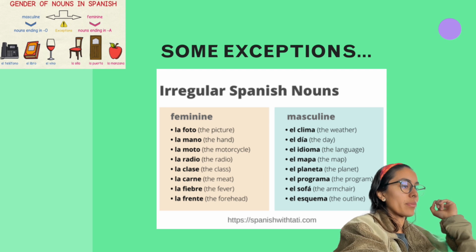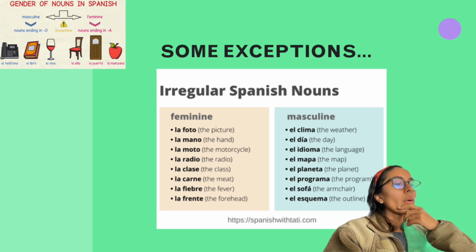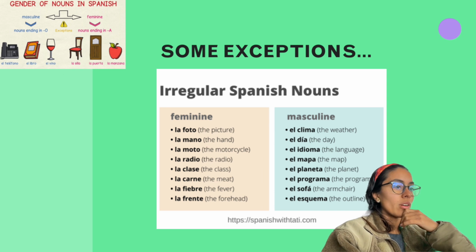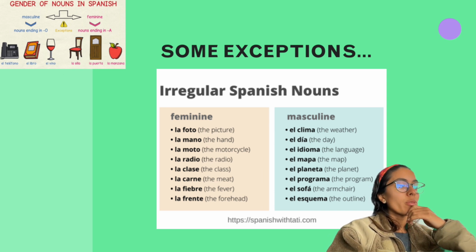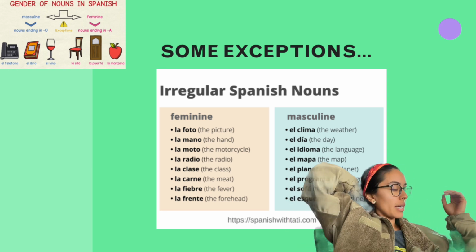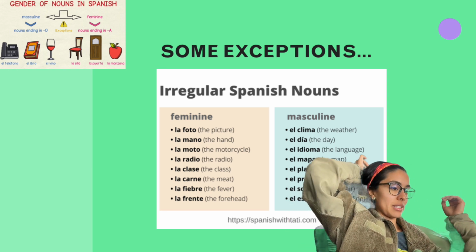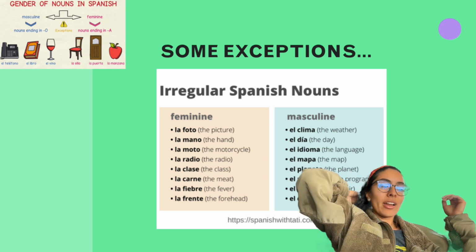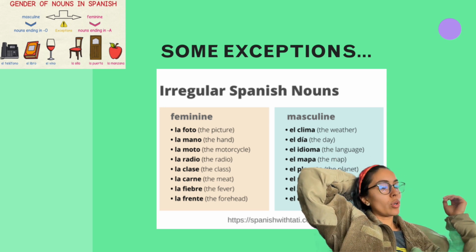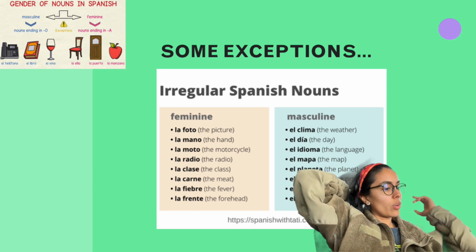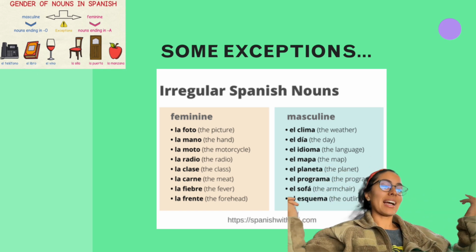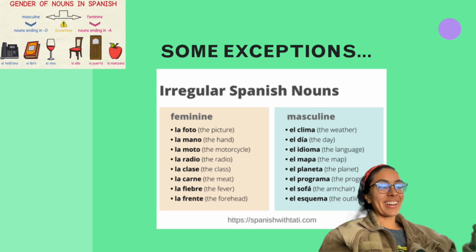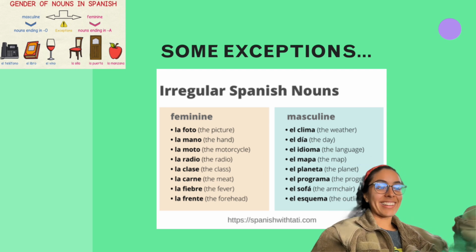Okay, all right. So I wanted to show you some exceptions. Here are some for feminine, some for masculine. I'm going to name them in Spanish. You have la foto, la mano, la moto, la radio, la clase, la carne, la fiebre, la frente, and we can include here la tarde.